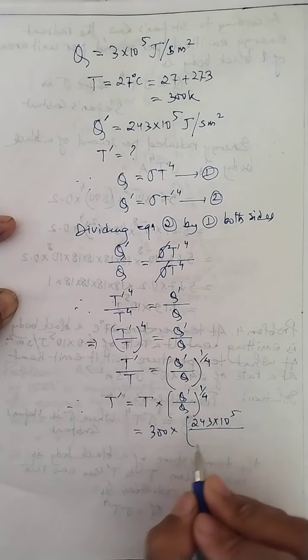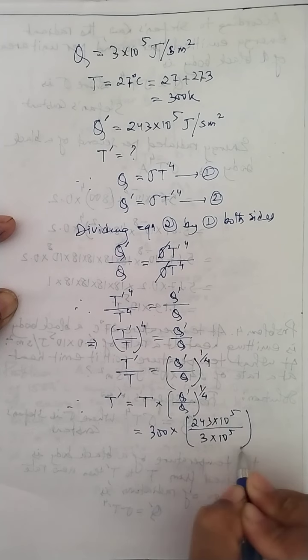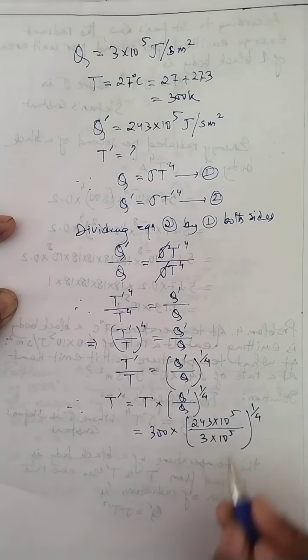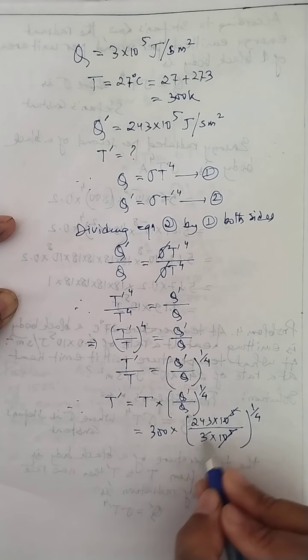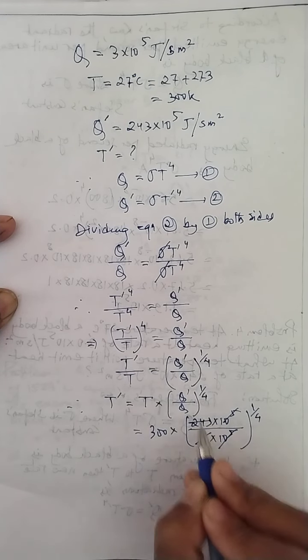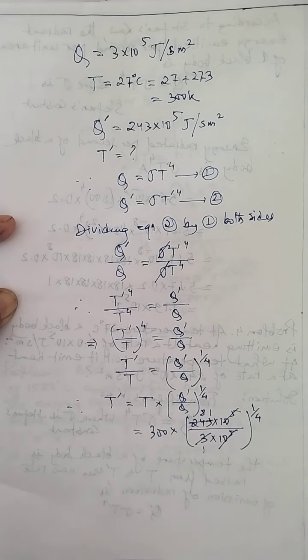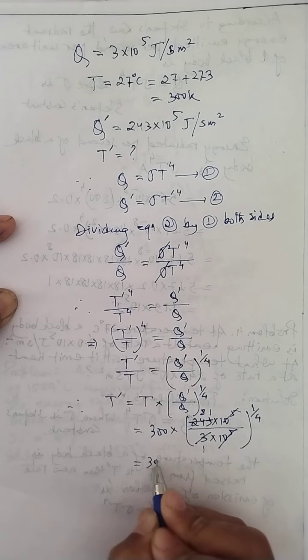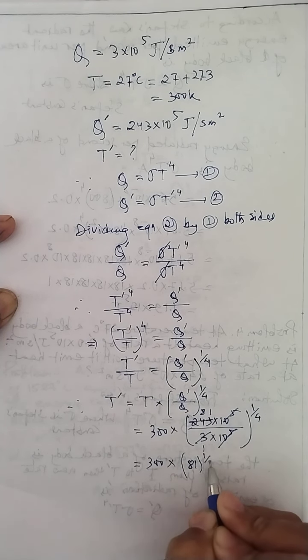The value of Q is also known, that is 3 into 10 power 5, with power 1/4. So 10 power 5 and 10 power 5 cancel out. We can even divide this quantity: 3 1s are 3, 3 8s are 24, and 3 1s are 3. So now it's coming 300 into 81 to the power 1/4.